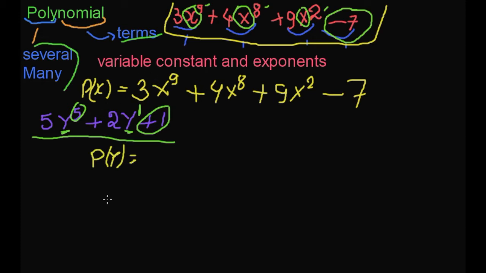Whatever the variable is, we will write that variable here: P(y), P(a), P(x), anything. If nothing is written above any variable, it means the exponent is 1. It cannot be 0. If it is 0, then the value will be 1. It is a very different thing. So if nothing is written above the variable, then the exponent is 1.